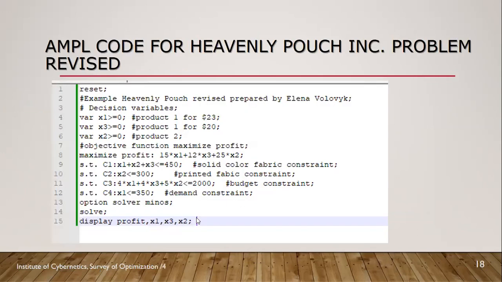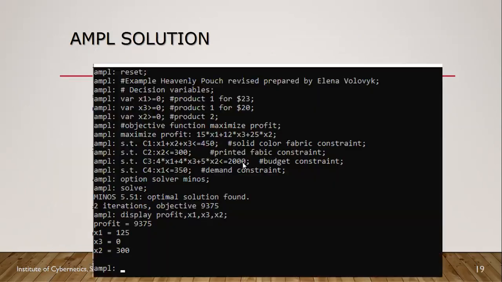Here I updated the previous code and added what you see: product 1 sold for the discounted price of $20. I couldn't use the prime symbol, so I denoted it as x3, and updated all the constraints and the objective function.